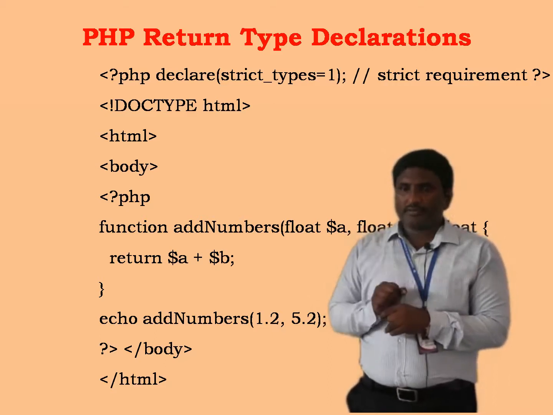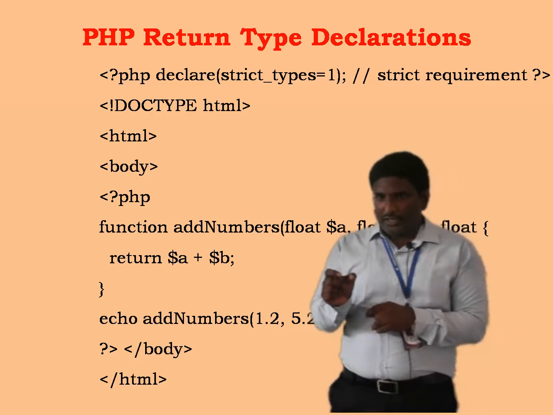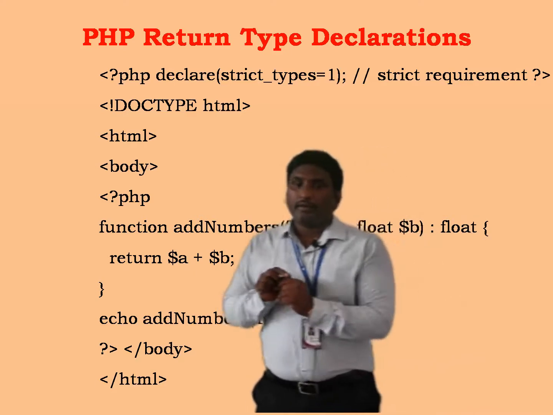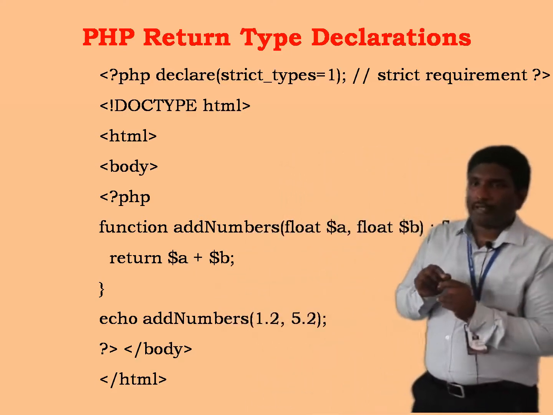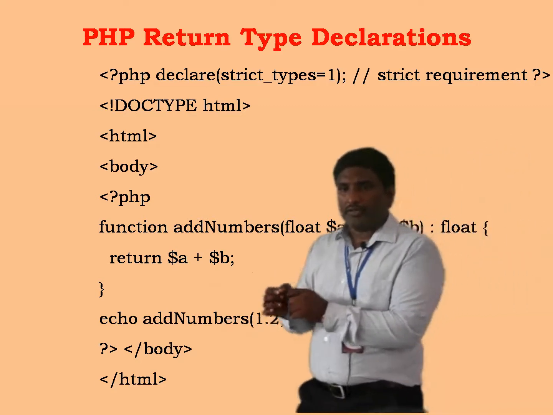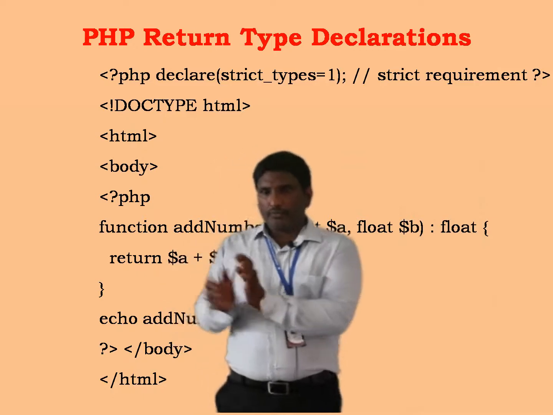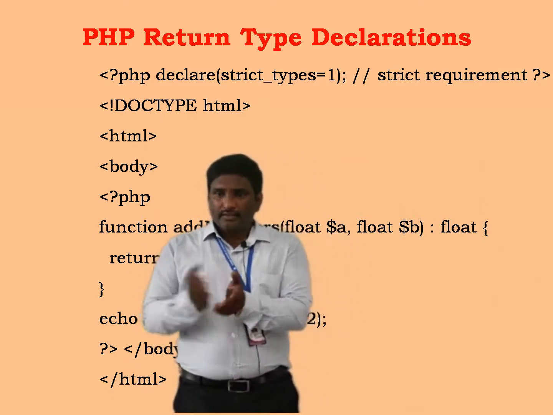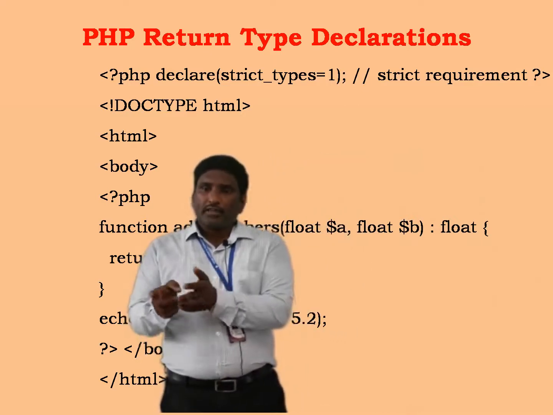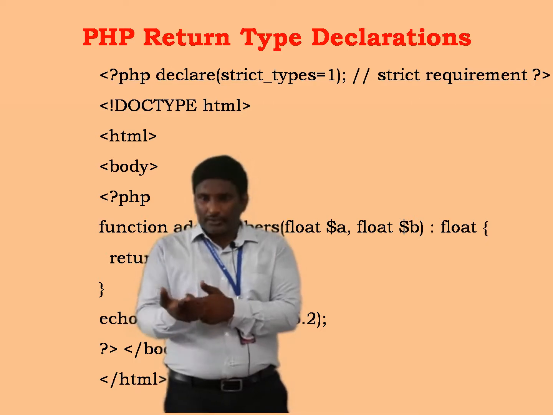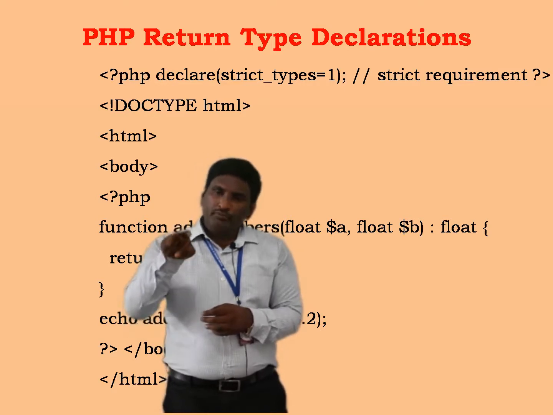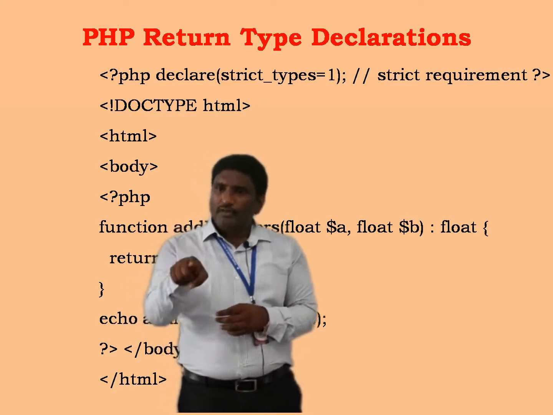The syntax for this is: function name, followed by arguments, followed by a colon, followed by the data type. So float or integer, whatever you want, you can write. In this scenario, I have written float. I am just adding those two numbers and returning the result using the return statement. For example, here you should identify that the arguments are float type and the return type of the function is also float.